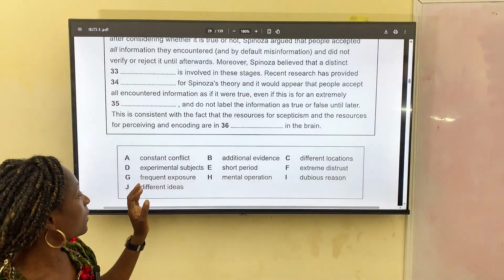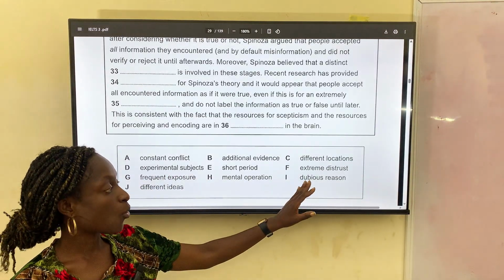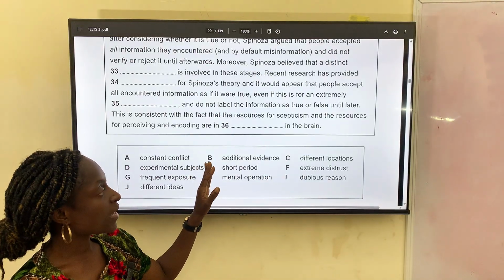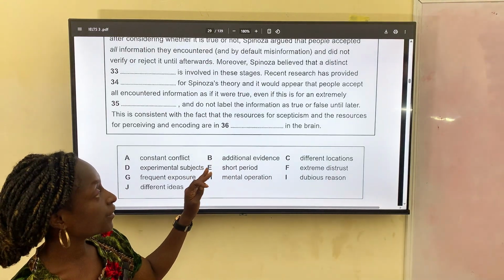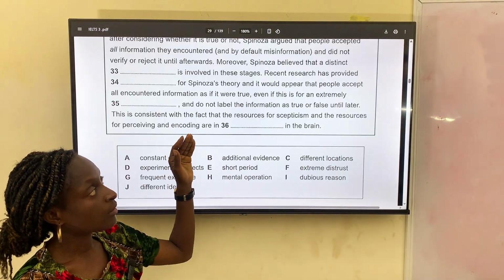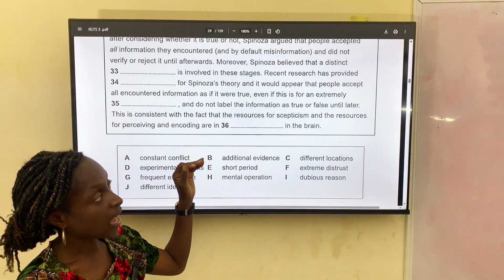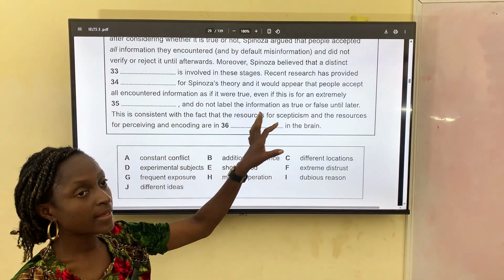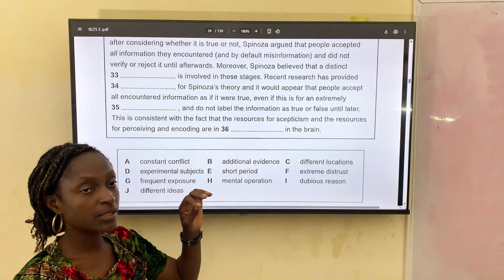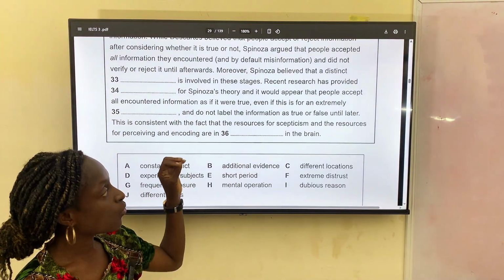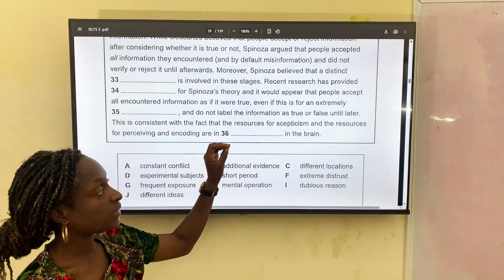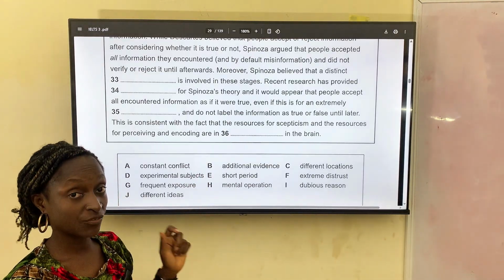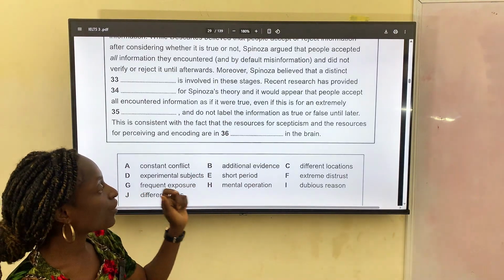Yes, we are given some options in this box. What we are expected to do here majorly is to read the passage, and from the passage we try to identify where this summary is being clued from, the aspect of the passage this summary is dealing with. Once we've identified that, we read through.